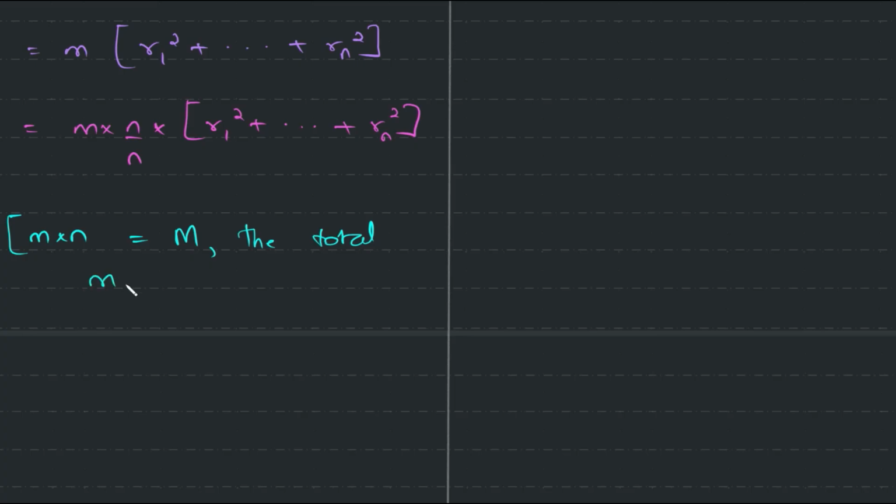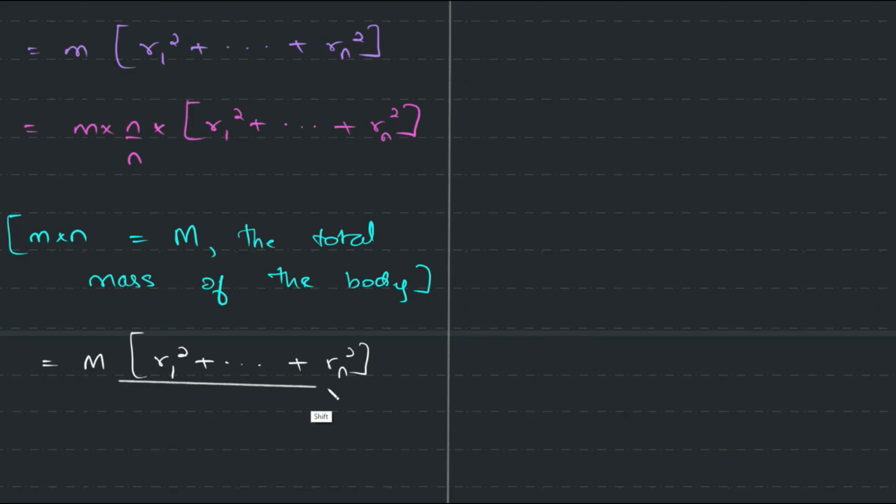Yes, the total mass of the body. So I can replace this with capital M, and the rest with r1 square plus dot dot dot plus rn square, this entire thing divided by n.